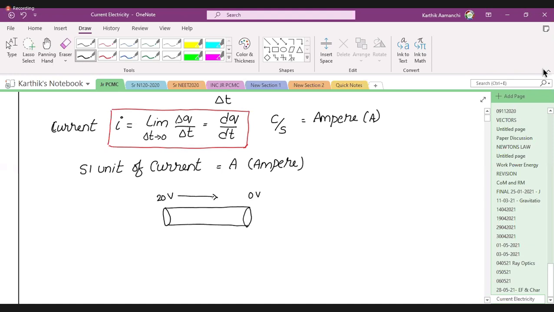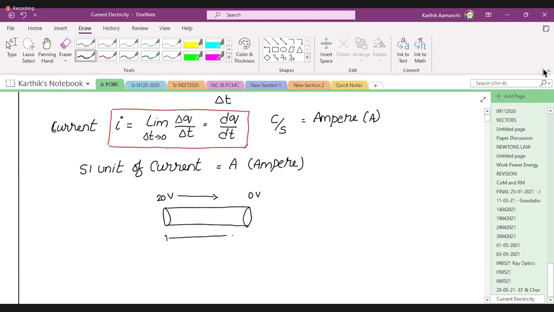So when charge is moving, can you clearly say, sir, there is only one electron going? No, there is a bunch of electrons going. Correct? There is a bunch of electrons going in a given area.